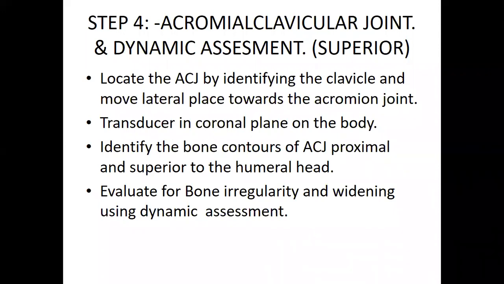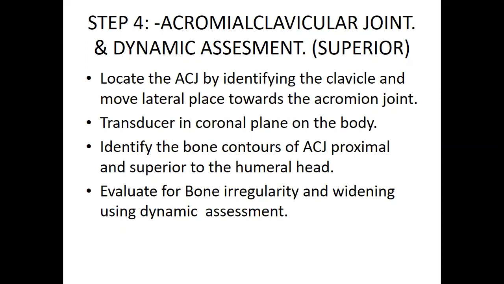By dynamic assessment, this is where you can ask the patient to extend or move the arm and see the relationship. At times, you can have pathologies where there is a dislocation within the acromioclavicular joint, or there is fluid collection within the joint, or there is a cyst within there.